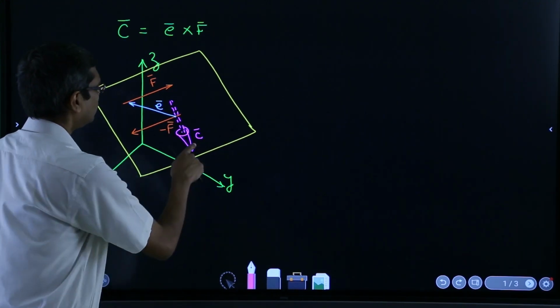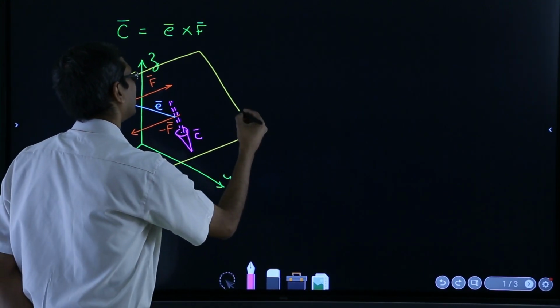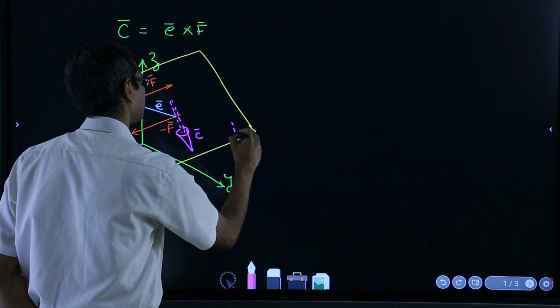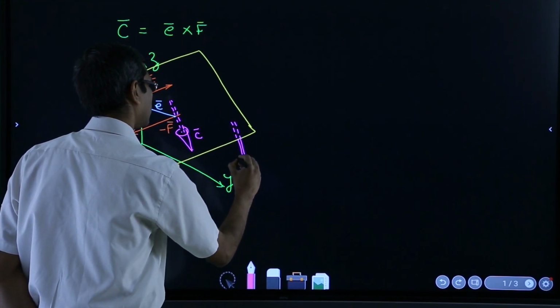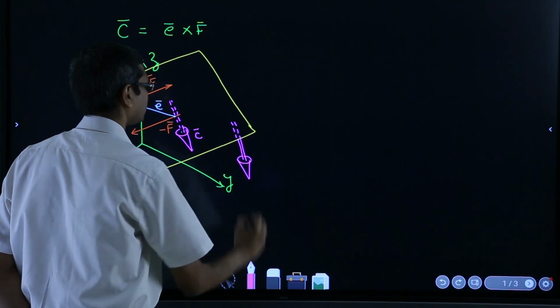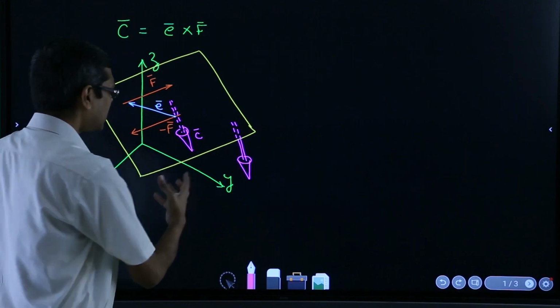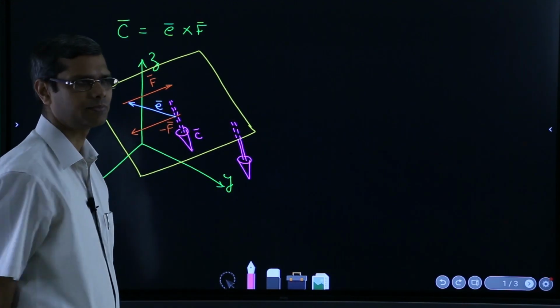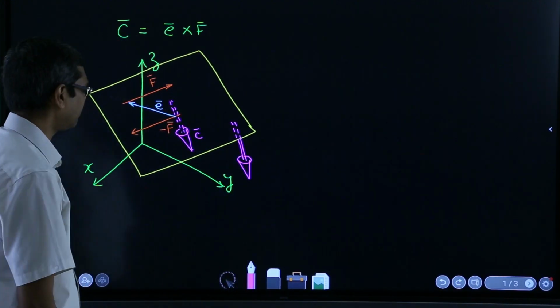In fact, you can draw this C anywhere on the plane. I could have drawn it from here also, no problem, because this is a free vector, so it does not matter which point you apply this couple moment about, the effect is exactly the same.